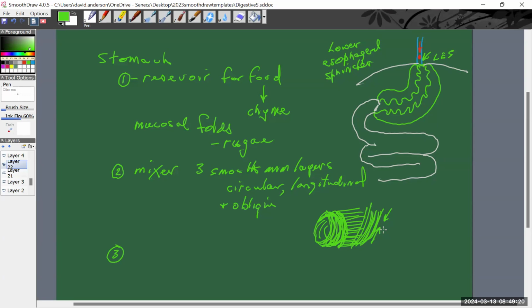Okay. So the other thing to consider then, from a functional point of view for the stomach, is that it's responsible for delivering small amounts of the chyme that's being produced now to the small intestine.